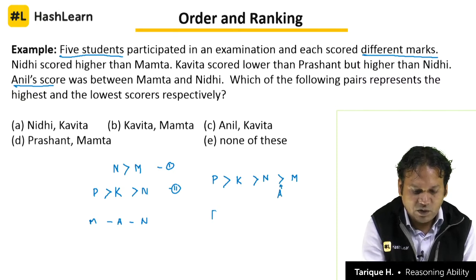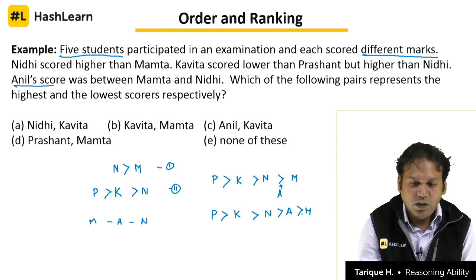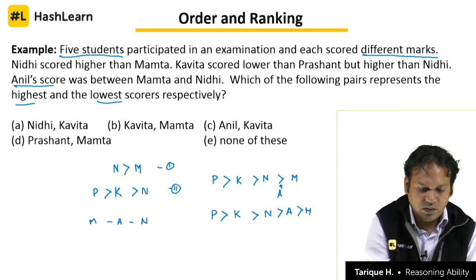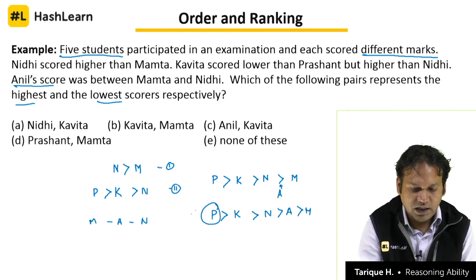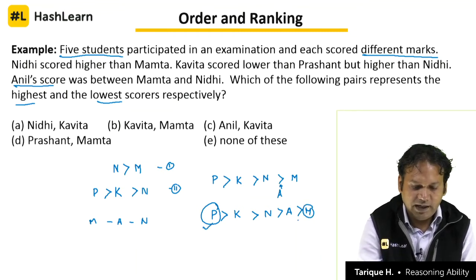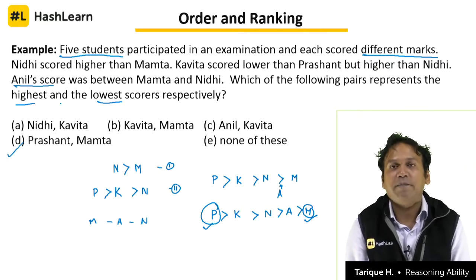So that means final order will be P, K, N, A and finally M. Which of the following pair represents the highest and lowest scores? Highest is P and the lowest score is M. So Prashant and Mamta, the answer will be option D.